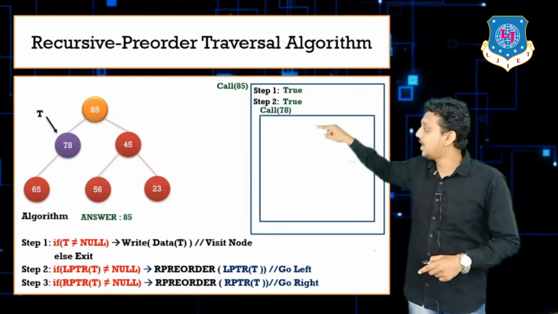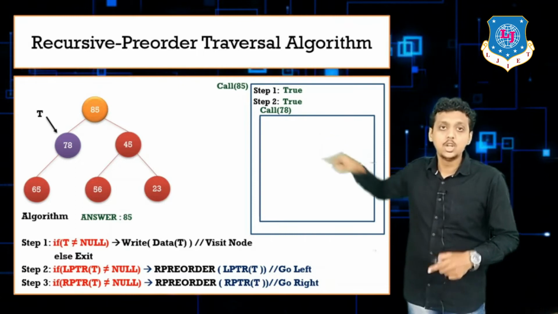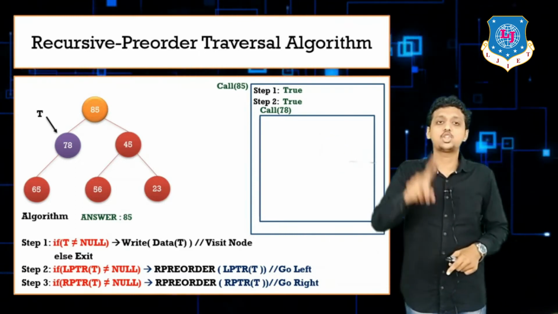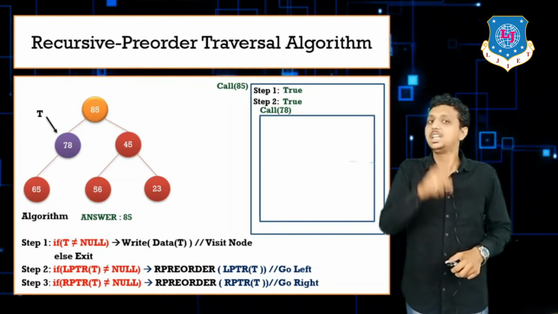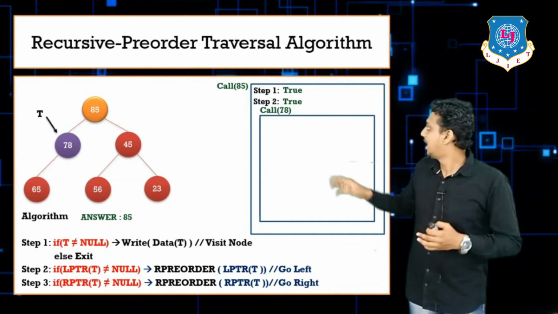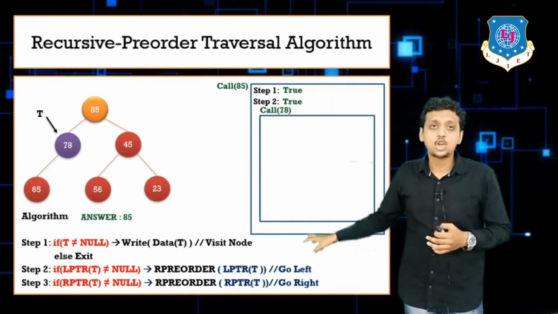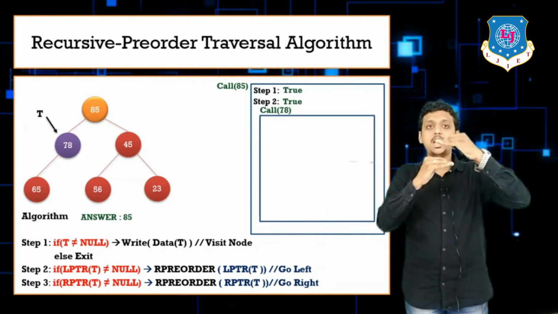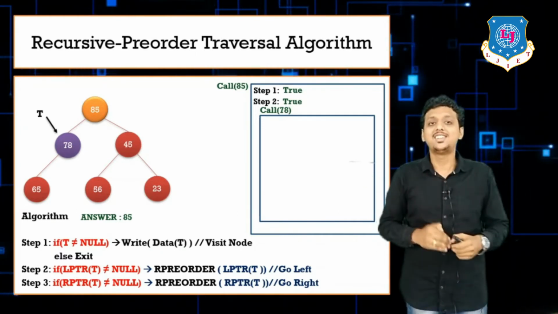Whenever I go towards step number 2, my function is called again, and this box represents the function call for 78. Okay, so what are you doing over here? See, at the bottom we have the call for 85, and above it we have the call for 78. This is a stack.